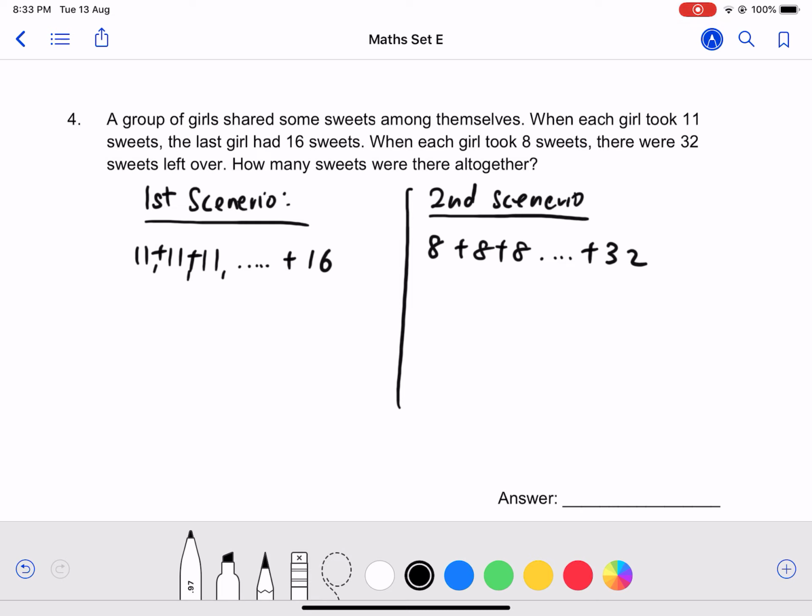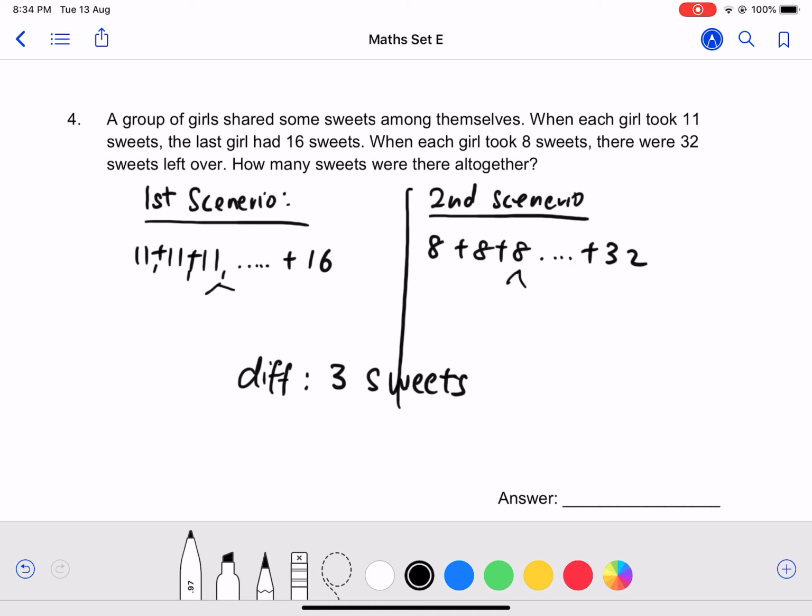Okay, so if you look at the two scenarios, there's actually a difference of how many sweets. Each girl is taking 3 extra sweets in the first scenario. In the second scenario, each girl is only taking 8 sweets. So can you see that when I draw out this table, I am able to see that between the two scenarios, there's a difference of 3 sweets. So every girl is now taking 3 sweets lesser.